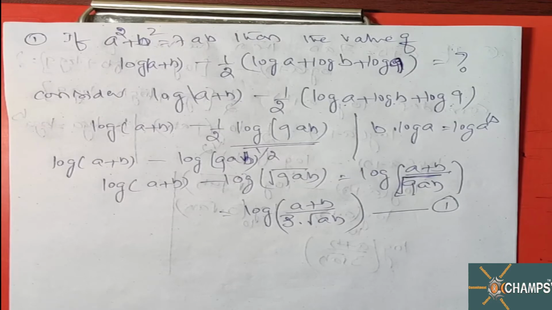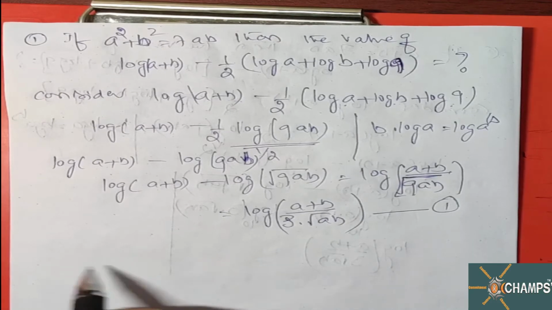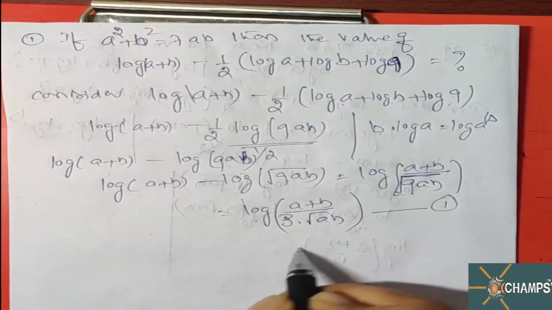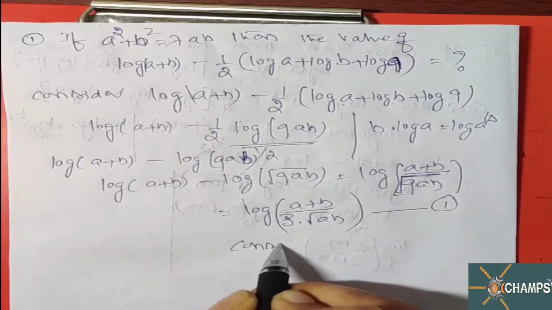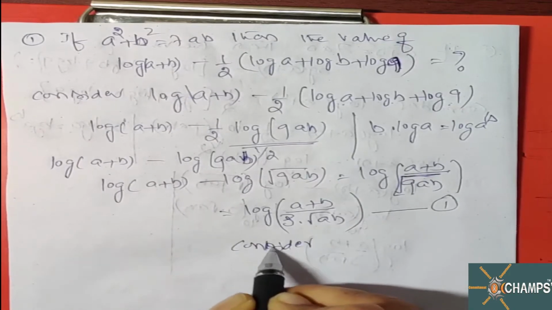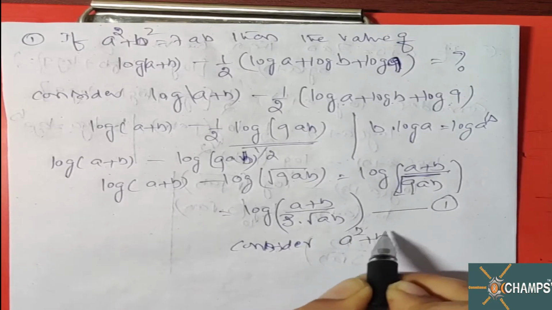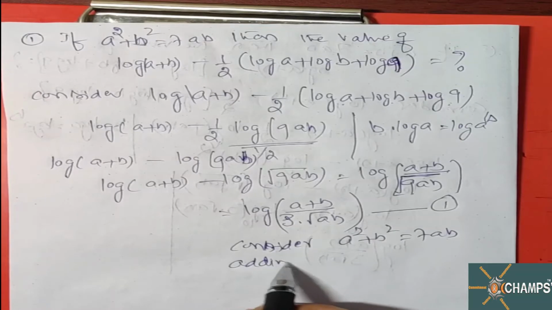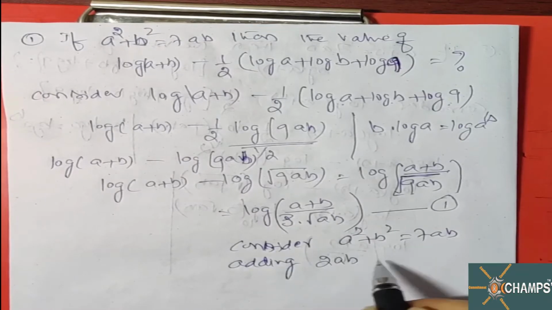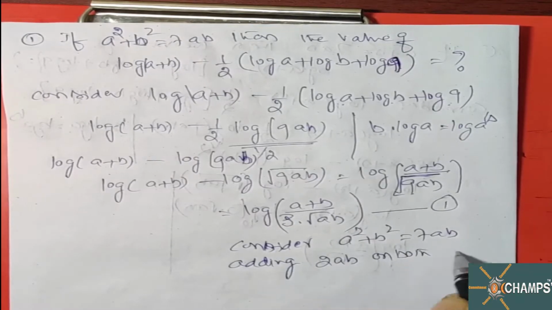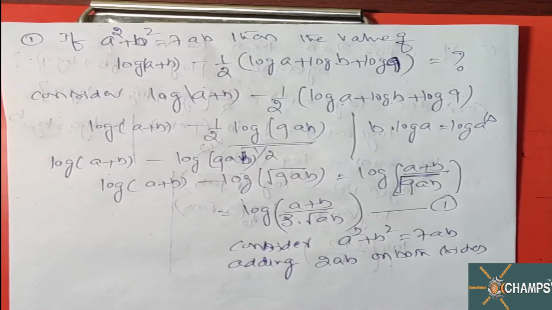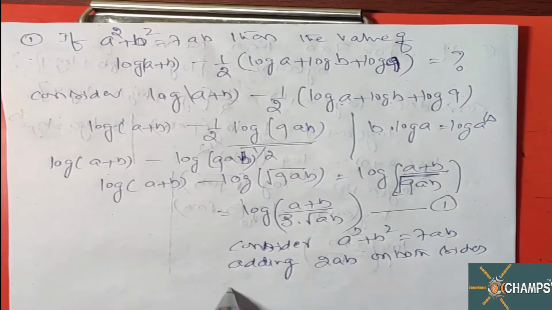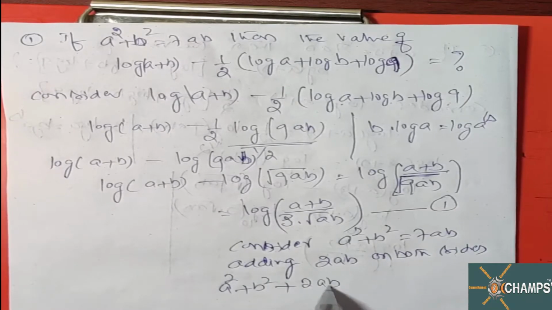So I have to consider one more relation. Now what is given? a square plus b square is equal to 7ab. Adding 2ab on both sides, a square plus b square plus 2ab is equal to 7ab plus 2ab.